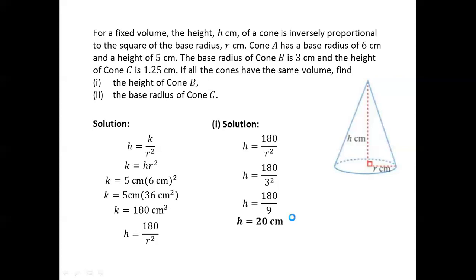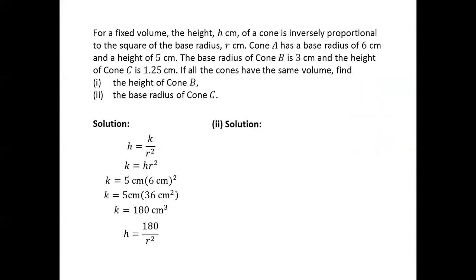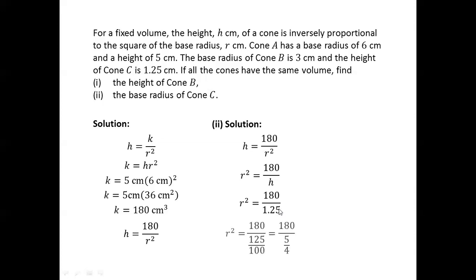Next, let's solve the second question. The base radius of cone C is what's being asked here. So let us isolate R squared, giving us 180 over H. We then substitute the value of H to be 1.25. So 180 divided by 1.25, you can immediately get the answer using the calculator. If not, you can express it using a fraction. 1.25 is 125 over 100, or in lowest terms, 5 over 4.